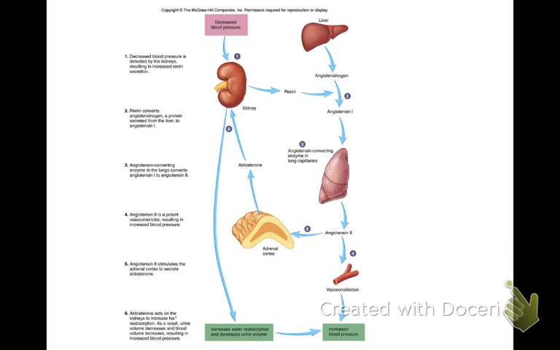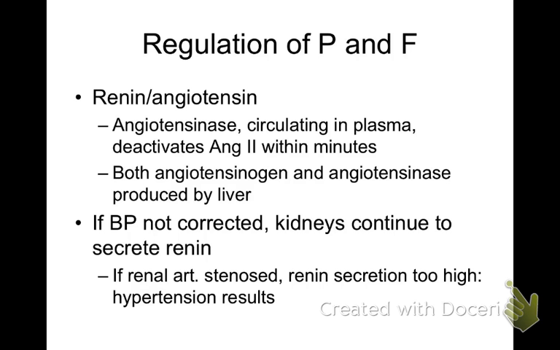Let's go back to the vasoconstricting effects of angiotensin 2. There is an enzyme in the blood called angiotensinase, and angiotensinase is going to deactivate angiotensin 2 within just a minute or so. So the vasoconstricting effect of angiotensin 2 is very short term.